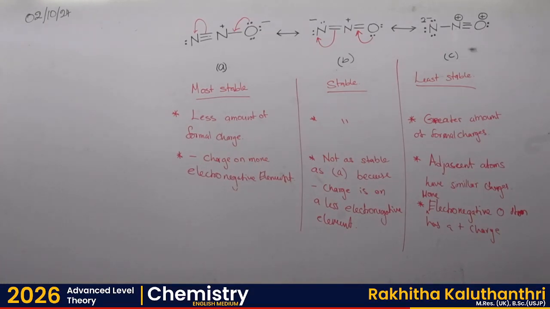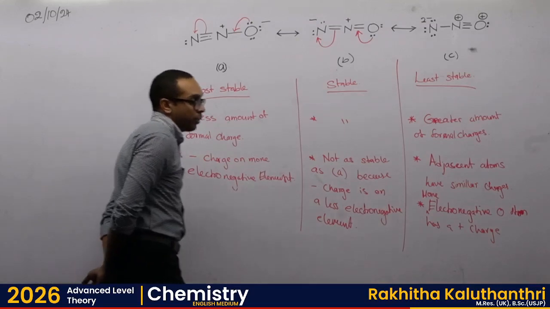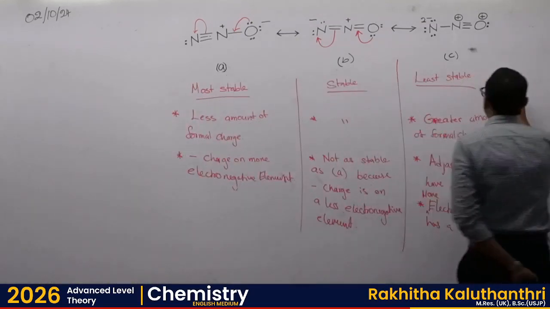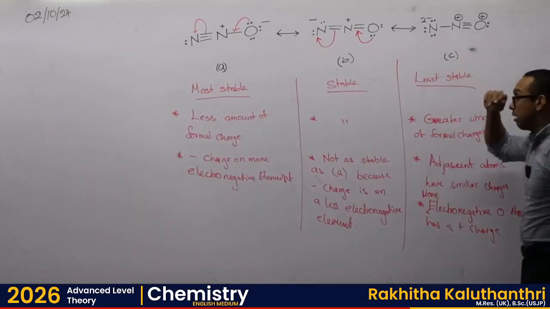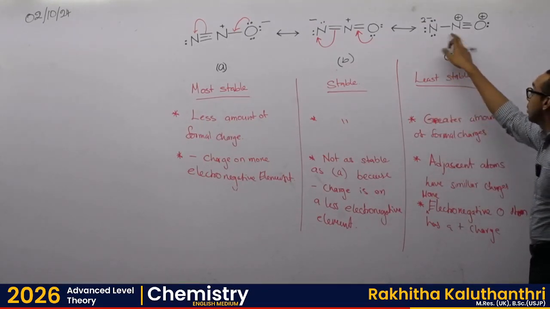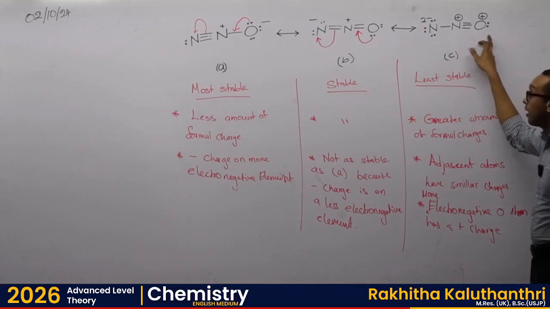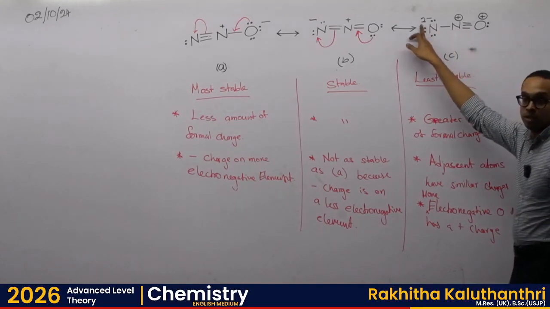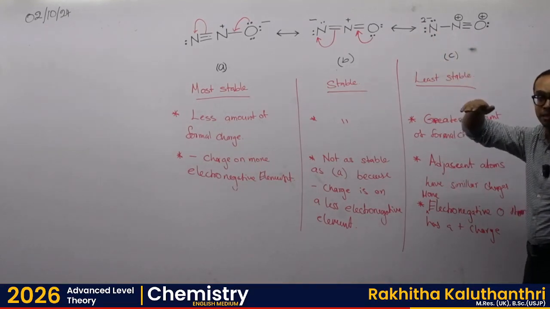Did you understand this, students? Clear? So you have to keep an eye out for why certain structures are less stable. We don't want a huge amount of charge separation. Actually, having a large formal charge on a single atom is also a bad sign, right?